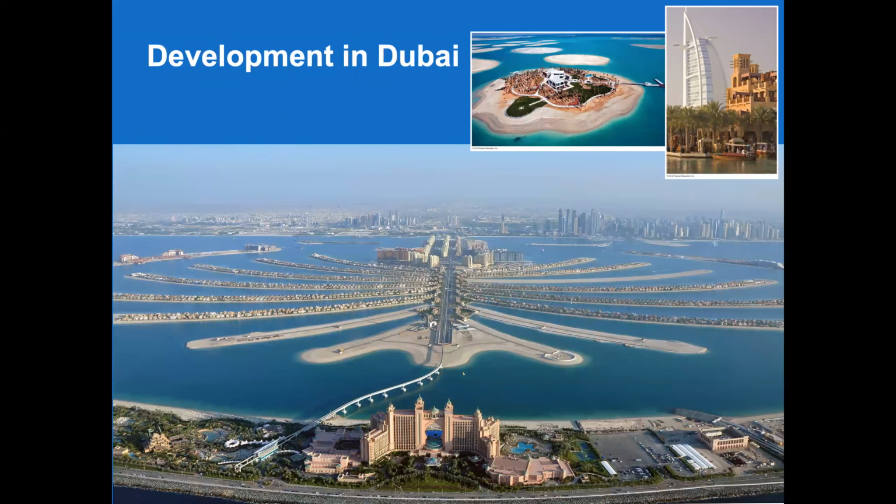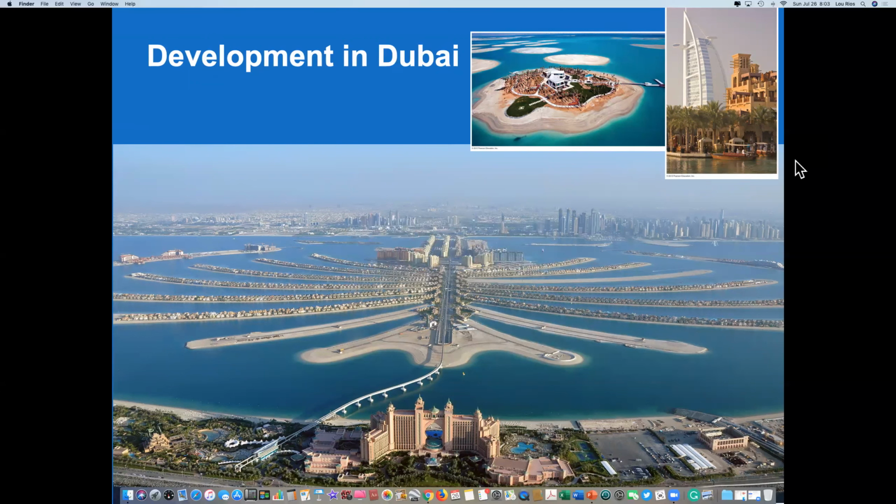Here's a good example of development. This is one of those islands that I showed you on that Google Earth tour. Again, Palm Jumeirah, and in fact, maybe it's worth going over to Google Earth again to show you that. Let's see here.